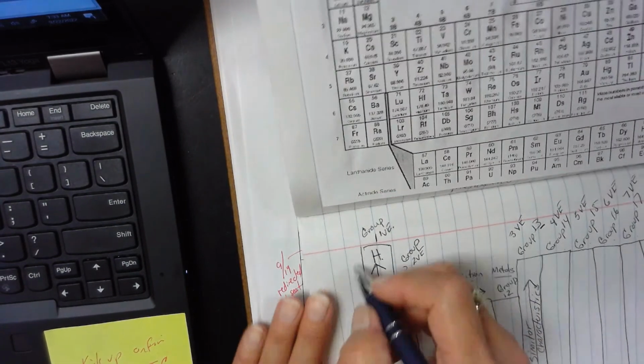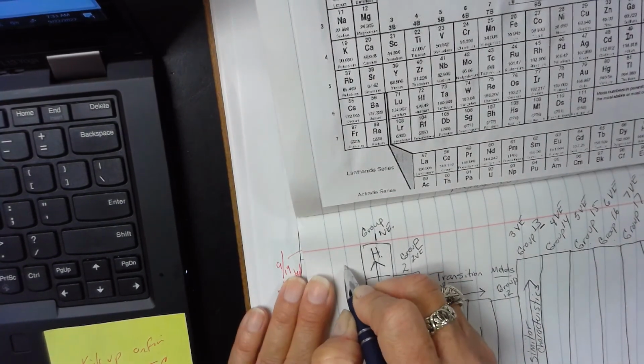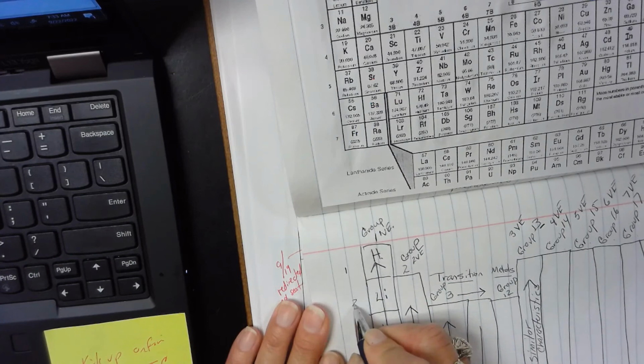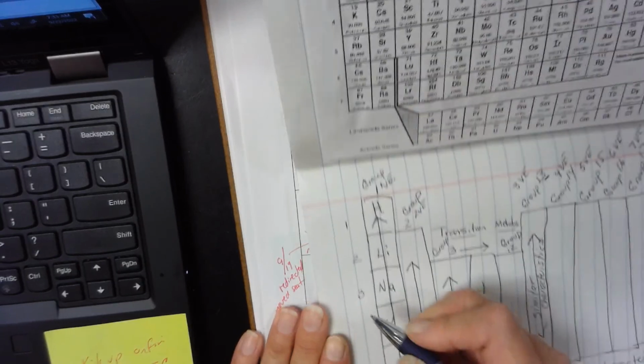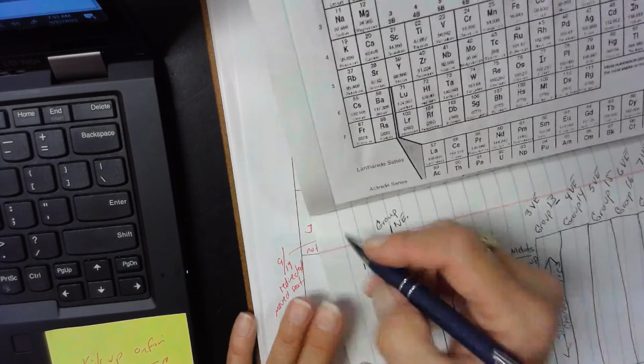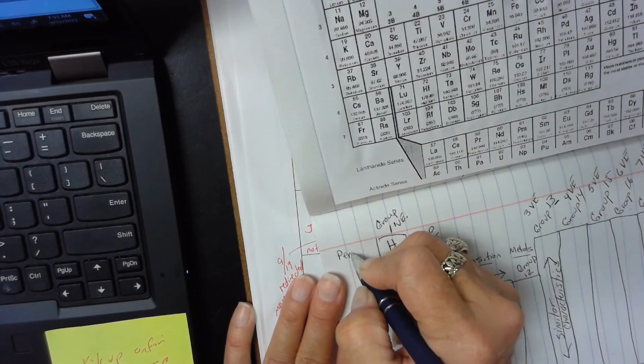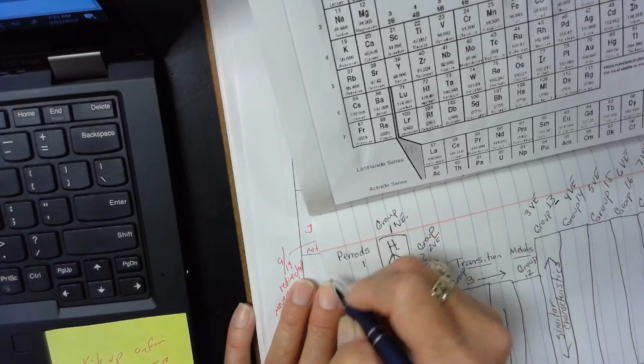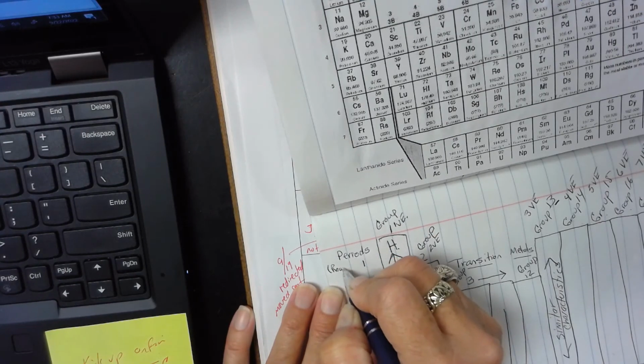We also see other numbers out to the side here. And we have a 1 here, and a 2, and a 3, and a 4, and a 5. These are called periods. Sometimes they call them rows.